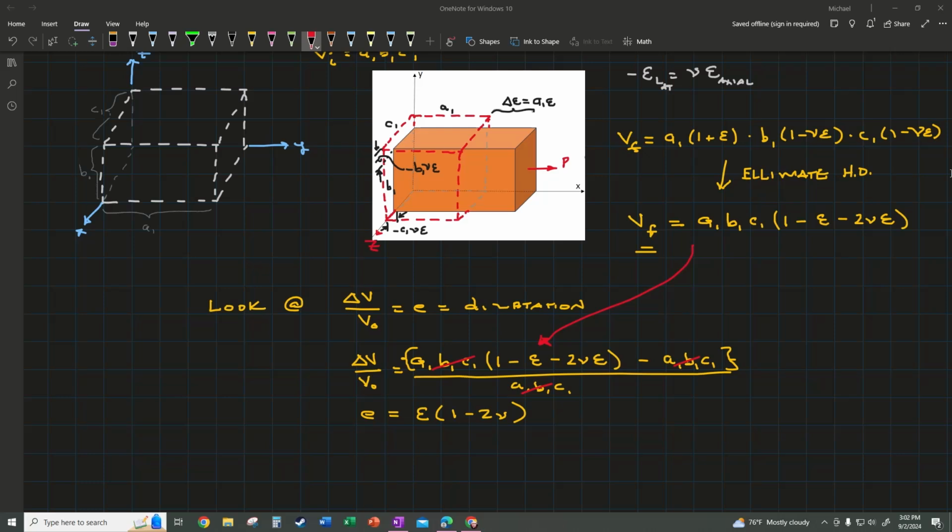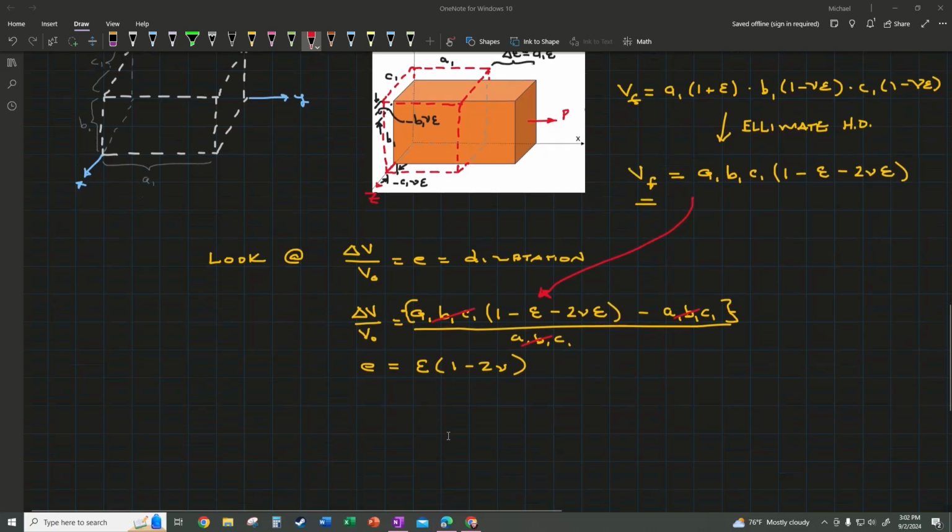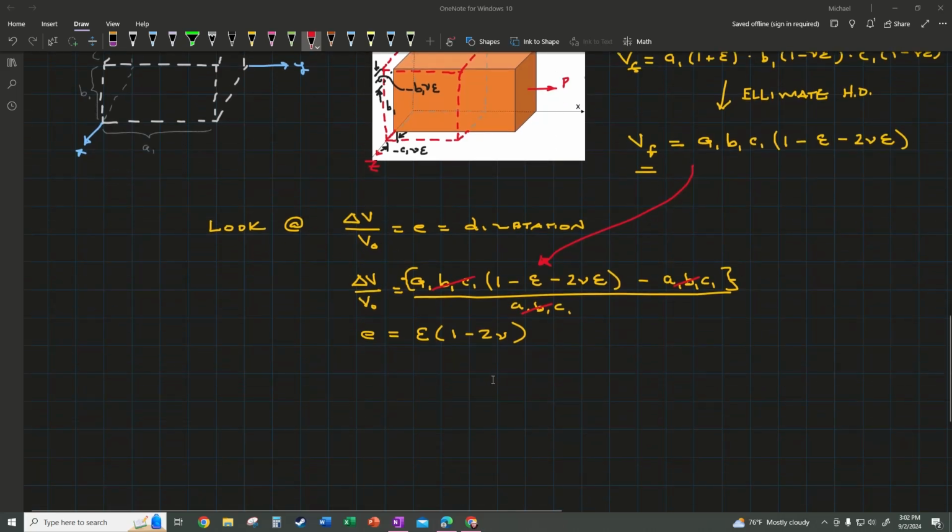So our change in volume over the original volume can be related to the strain and our Poisson ratio. This means we can write this with Young's modulus as sigma over E times 1 minus 2 nu.